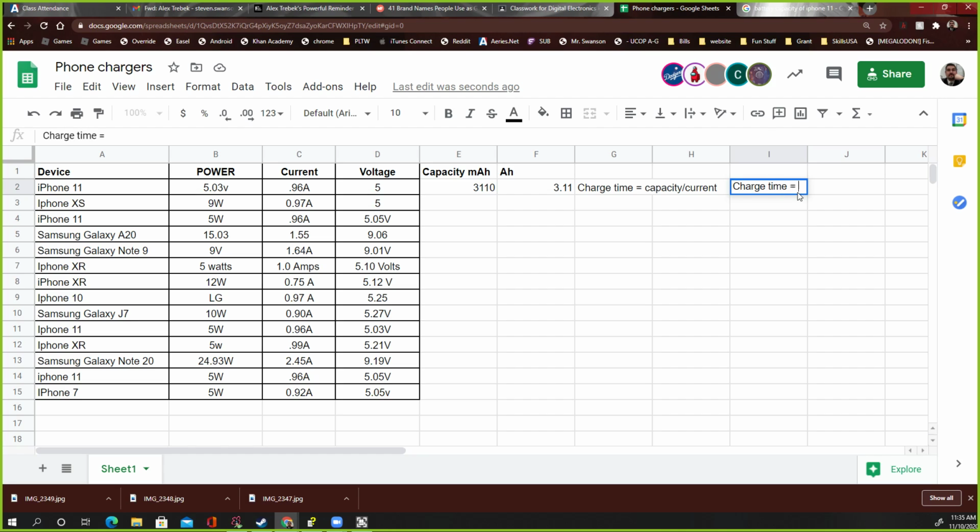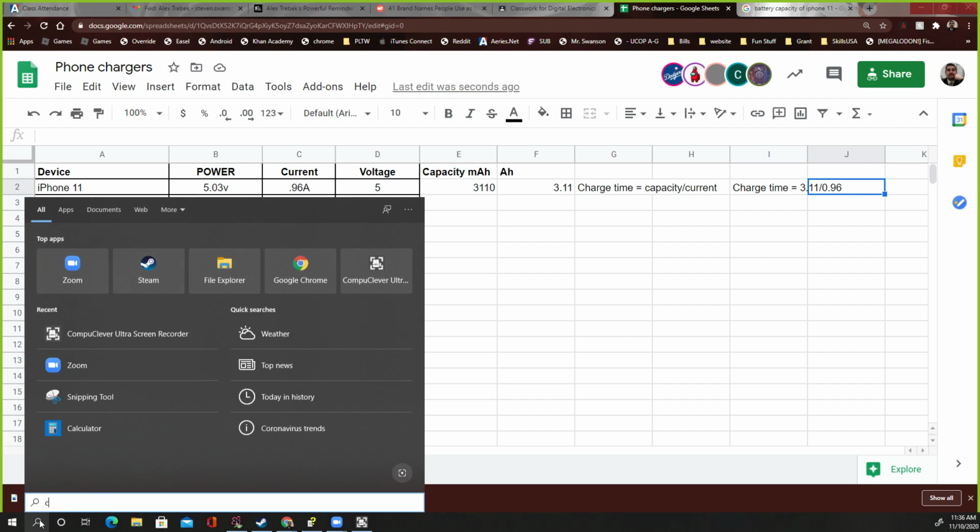Now the units have to match up, so I'm going to use this one after I move the decimal place 3 times, because this is in amps, so I need this to be in amp hours. My milliamp hours won't work. So let's do that. We're going to take 3.11 and divide it by 0.96. But I need to do the actual math, so let's get out a calculator.